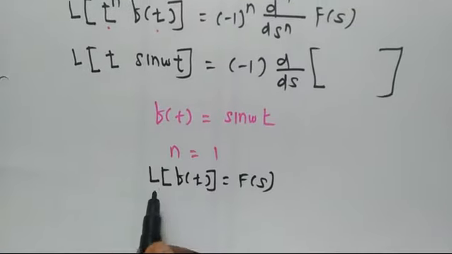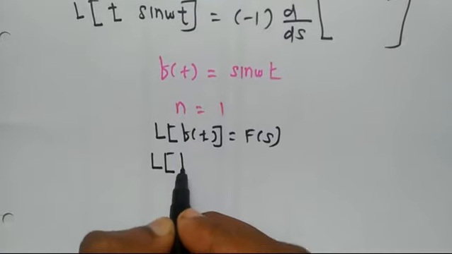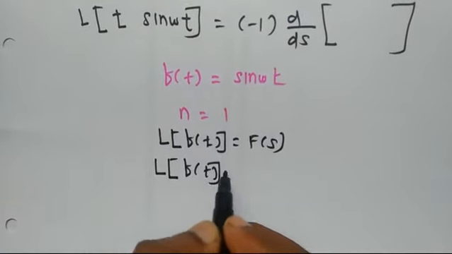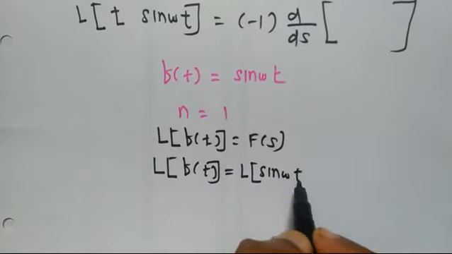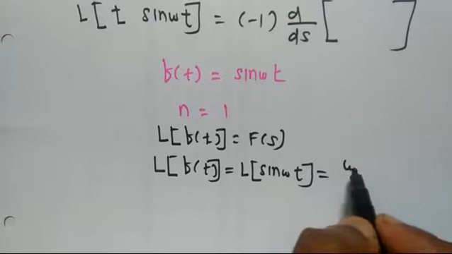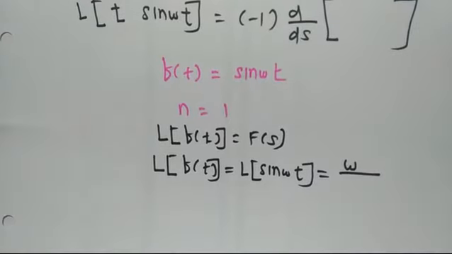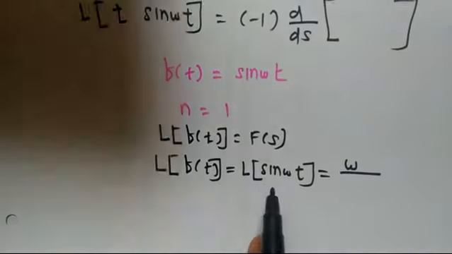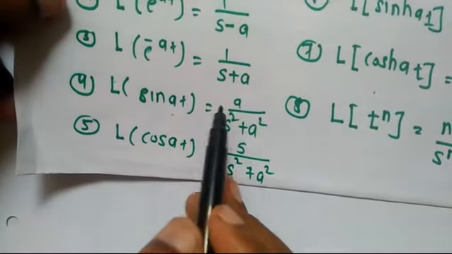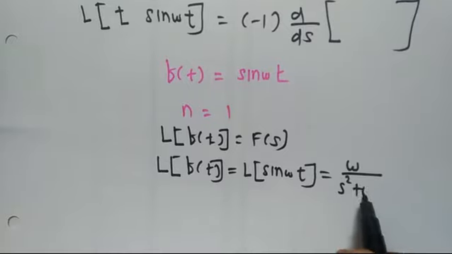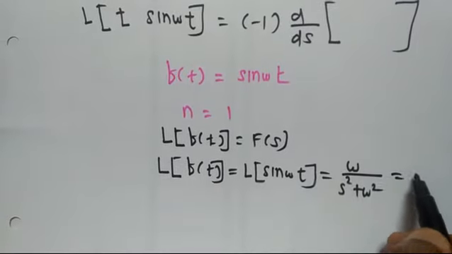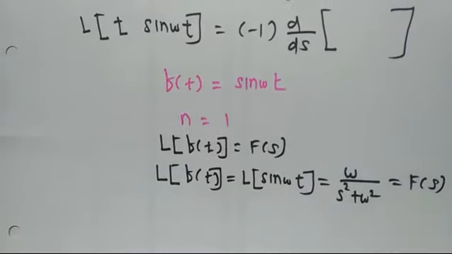So Laplace transform of sin wt, by using the standard formula, is w by s square plus w square. This is F of s.